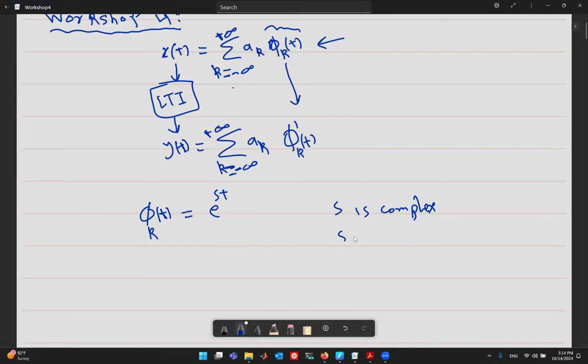Let's say s is written like alpha plus j omega, where alpha is real and omega is real.